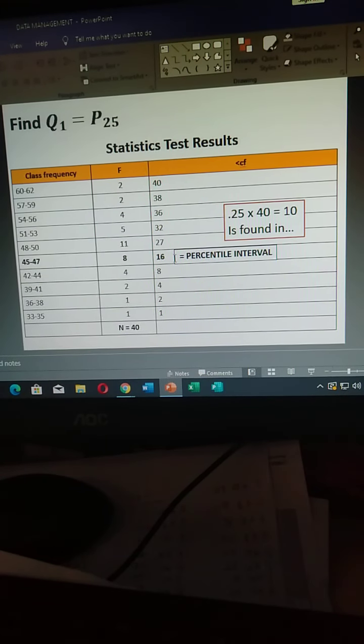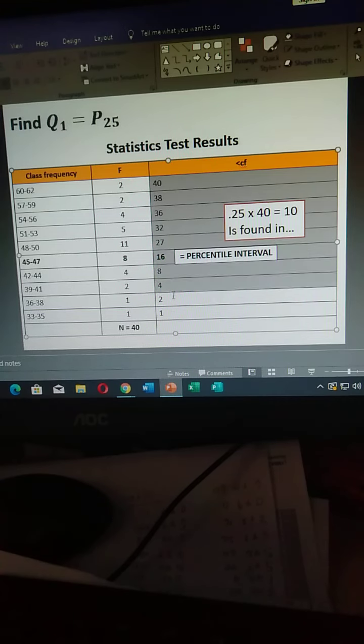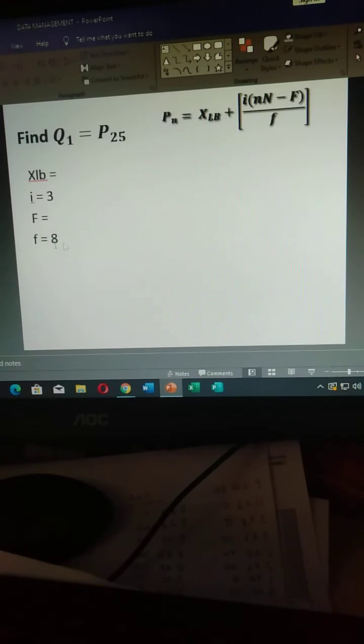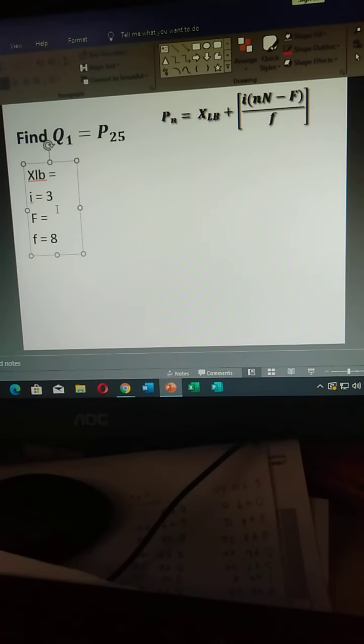What is our cumulative frequency before the percentile interval? So, dito tayo mag-focus. 27 ba? Or 8? It's 8. Correct. So, 8 ang magiging capital letter F natin.